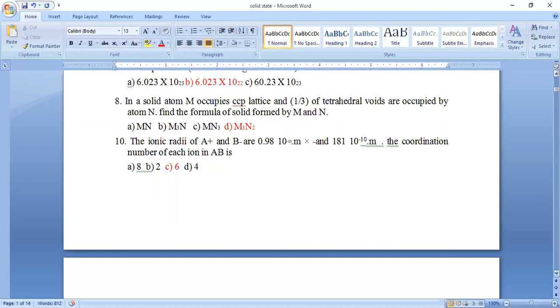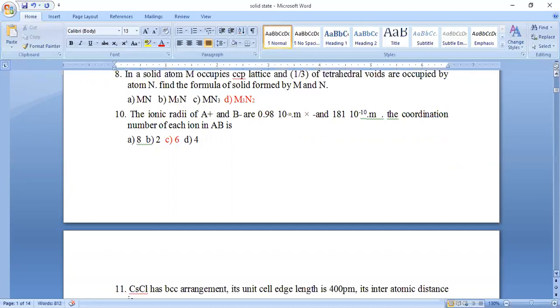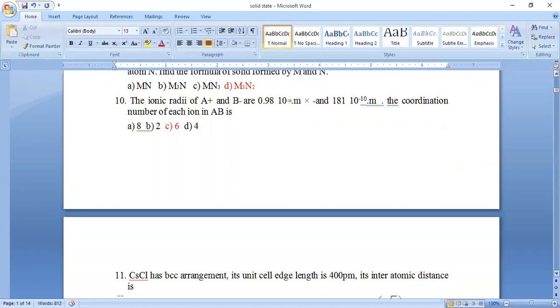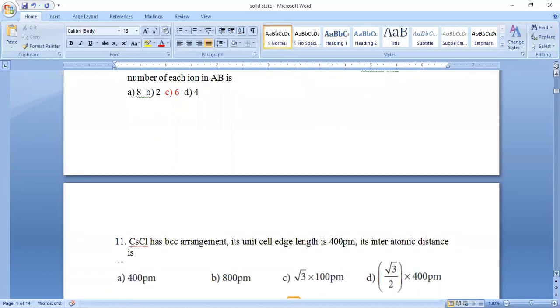Question number 10. The ionic radii of A+ and B- are 0.98 into 10 power minus 10 meter and 181 into 10 power minus 10 meter. The coordination number of each ion in AB is. So option C, 6.